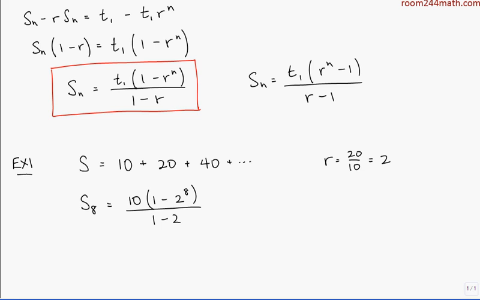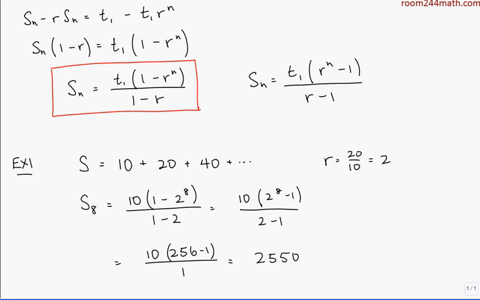So here's the example where it'd be a little bit nicer just to use that alternate formula, because then you can write this as 10 times 2 to the 8 minus 1 over 2 minus 1, and we don't have to worry about the negatives. 2 to the 8 is 256, so we have 10 times 256 minus 1 all over 1, and this is obviously just 255 times 10, or 2,550.